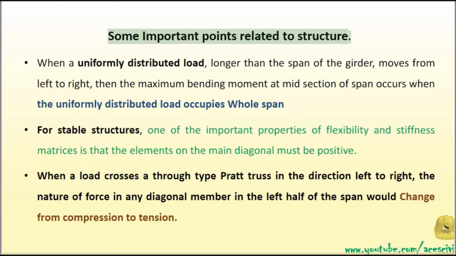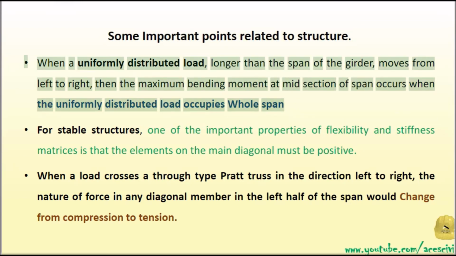Some important points related to structure. When a uniformly distributed load, longer than the span of the girder, moves from left to right, then the maximum bending moment at midsection of span occurs when the uniformly distributed load occupies the whole span.